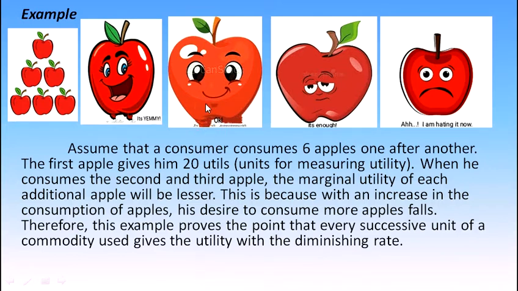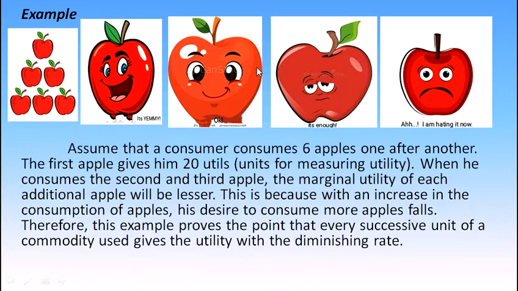But if the consumer is asked to consume the third apple, at the third consumption the consumer is fully satisfied, doesn't want to eat any more apples, and says it's enough. But as the consumer consumes the next apple, at this point he will say, I am hating it now, I don't want to eat any more apples. It happens with all of us, with everybody.